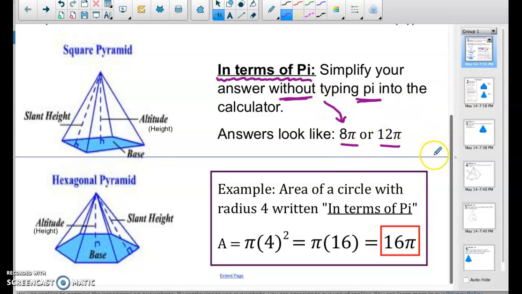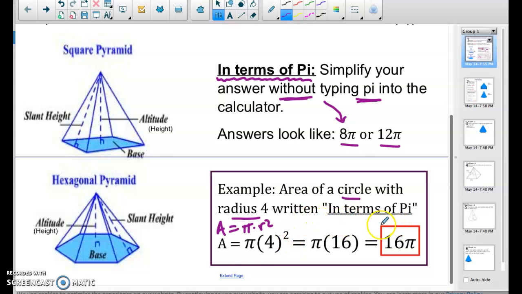So an example of a problem that is written in terms of pi: if I were to calculate the area of a circle with a radius of 4, written in terms of pi, I'm looking for area, so area is equal to pi times radius squared. And so I've substituted that the radius is 4, so I've got pi times 4 squared.